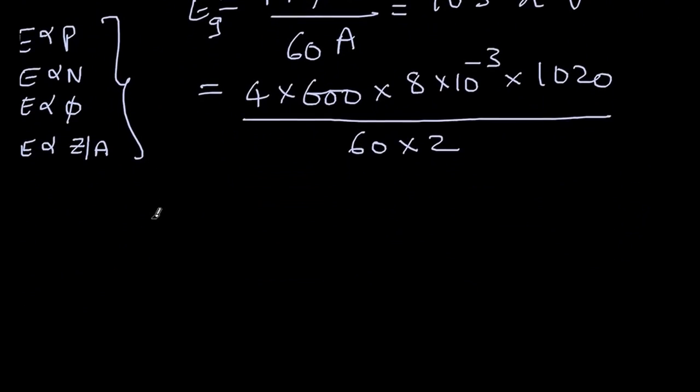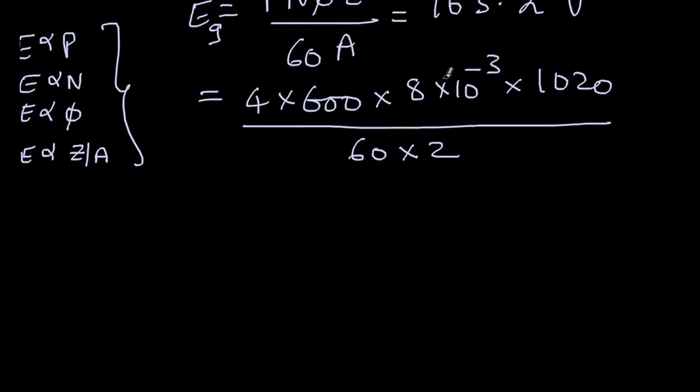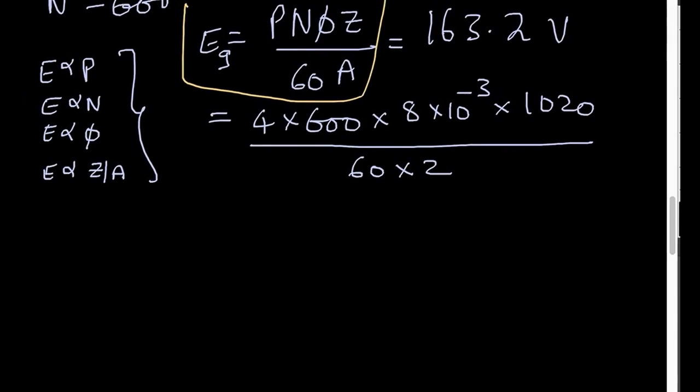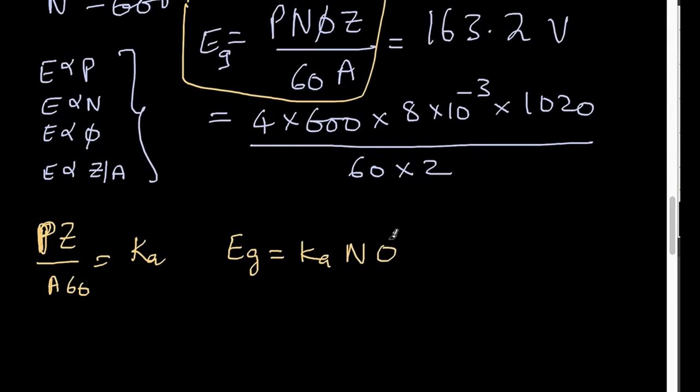So in fact, let me add a point here. If you look at this equation, P is constant, and the number of conductors is also constant, and the number of parallel paths is also constant. 60 is also constant. So if I denote all these things with Ka, see, dynamically I cannot change the number of poles once the machine is constructed. So if I define this as Ka, then Eg is nothing but Ka multiplied by N multiplied by phi.